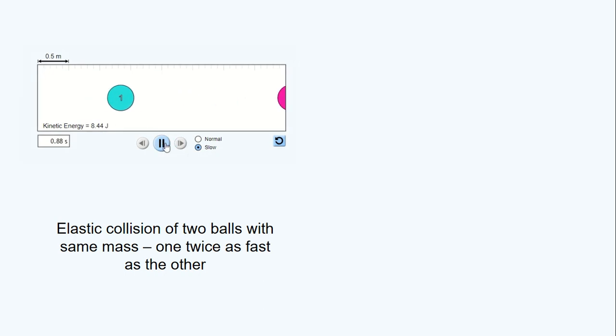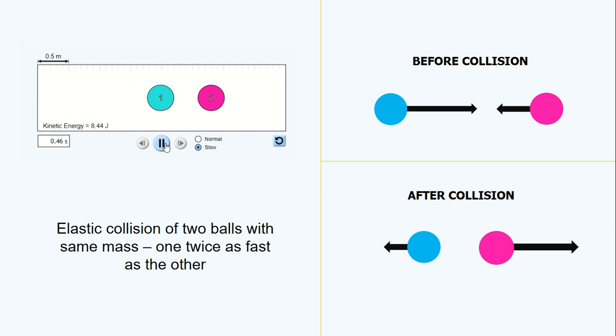In the second one, both have the same mass, but the blue ball is moving twice as fast as the pink ball. After the collision, the pink ball moves faster than the blue ball, but the kinetic energy still remains the same.